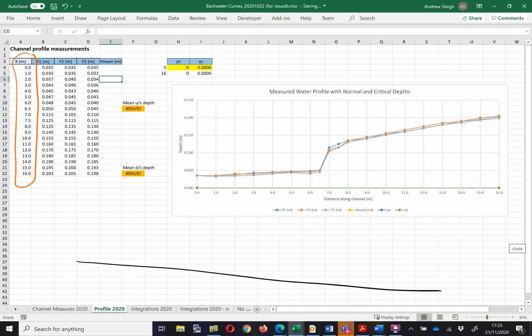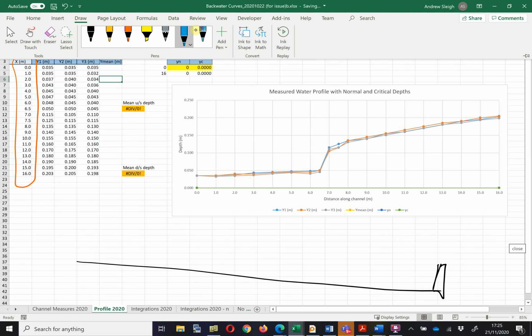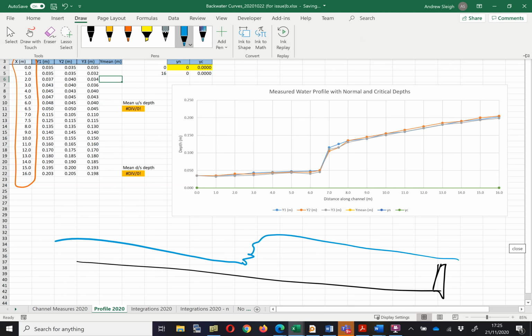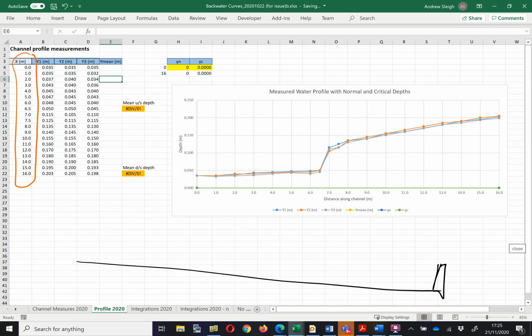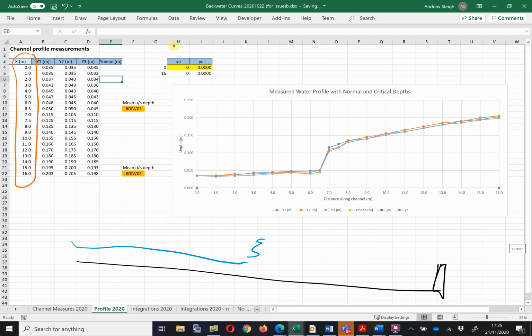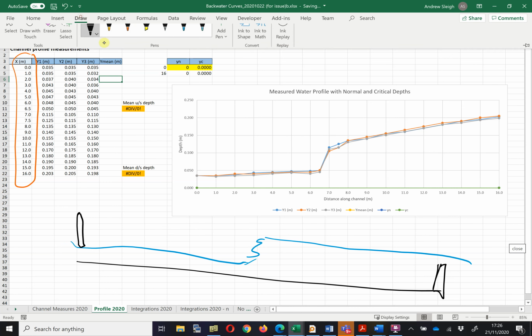Remember, it's a sloping channel. There's a jump here. Right, there's a sluice at the upstream end, which forces the flow to go low.